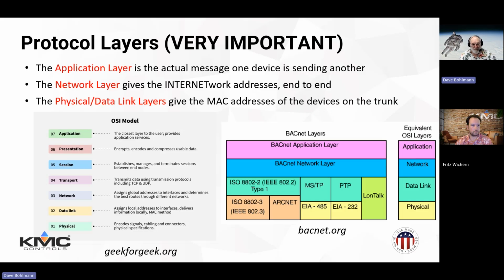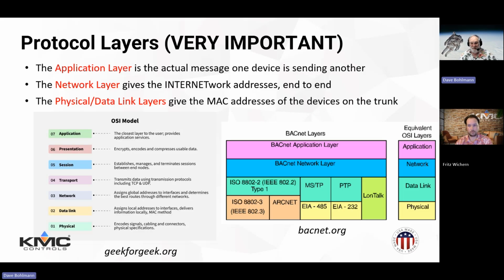So that's in normal internet, and most of the time you only have to worry about the bottom three and then the top one. For BACnet, in its infinite wisdom, back in the late 90s when it was starting to be defined, they changed that layer to this. And so there's really only 4 layers in BACnet.